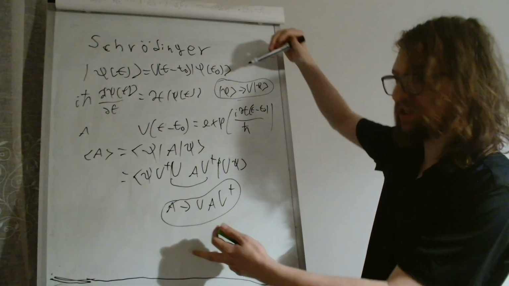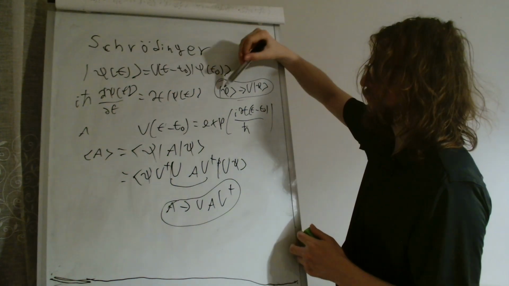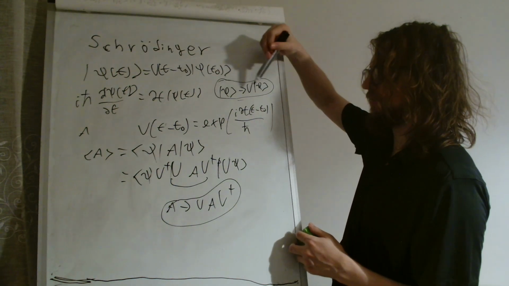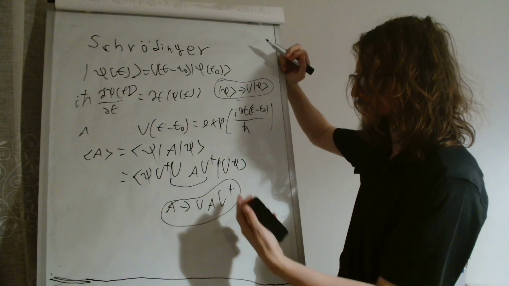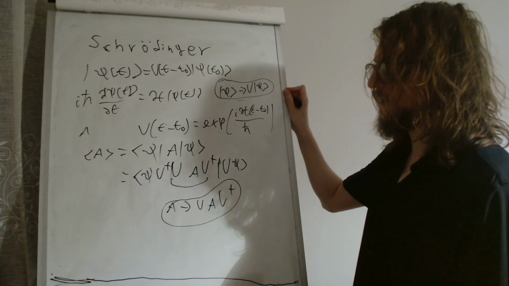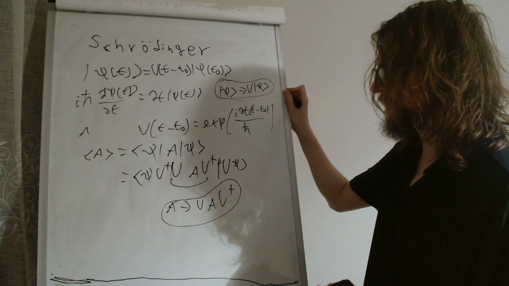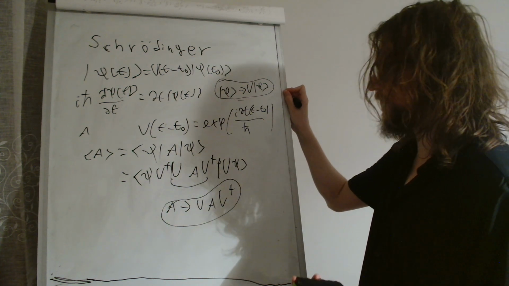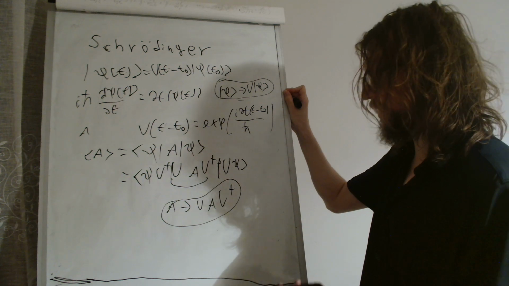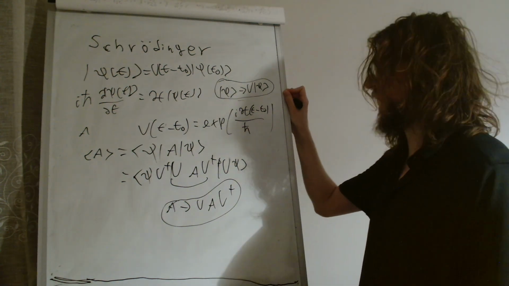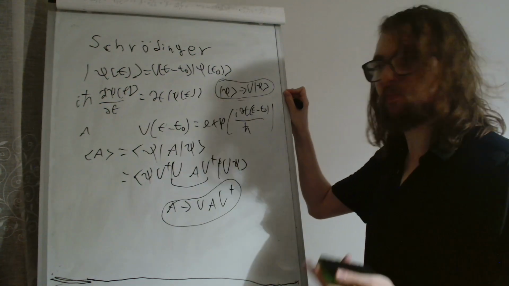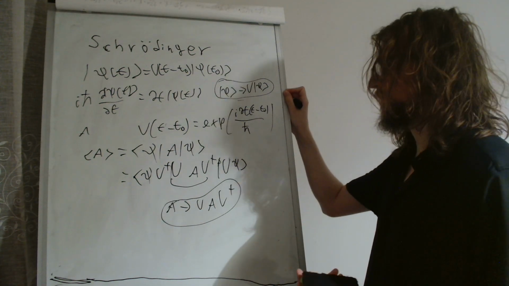So this picture of quantum mechanics, when psi is sent to u psi and A is sent to u A u dagger, with u being an arbitrary unitary transformation, is also a valid picture of quantum mechanics. So for each unitary transformation we have infinitely many equivalent pictures of quantum mechanics.